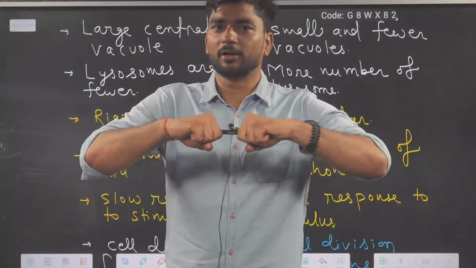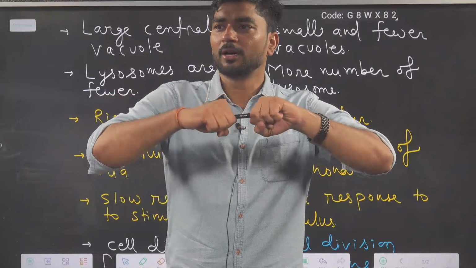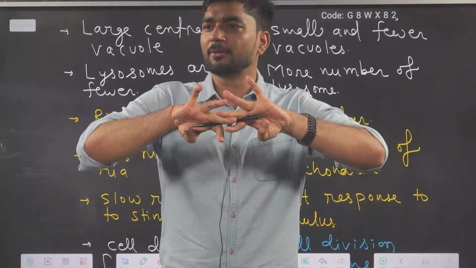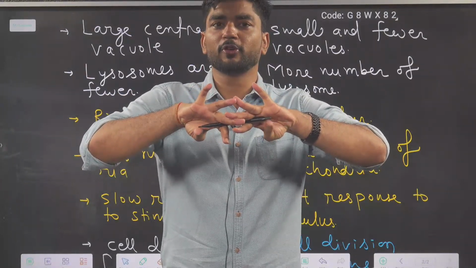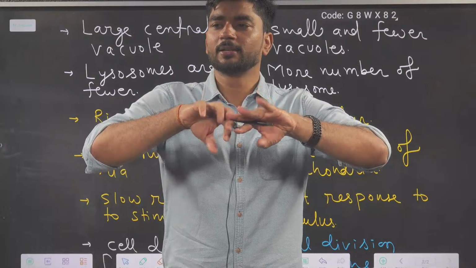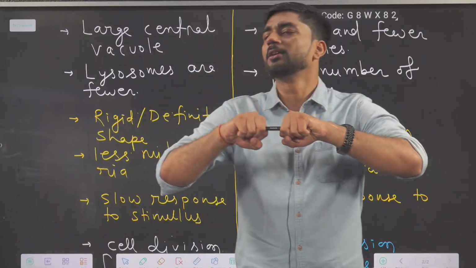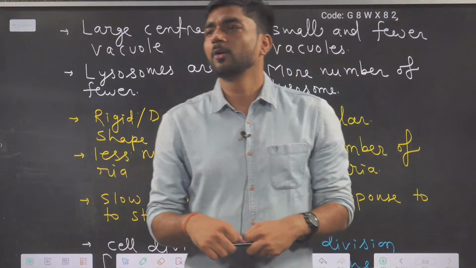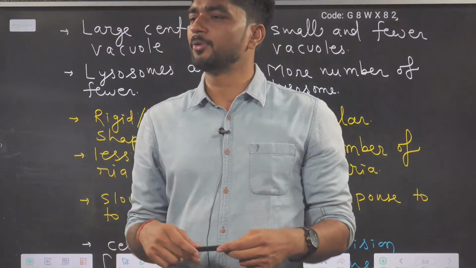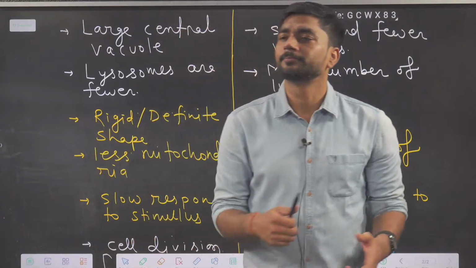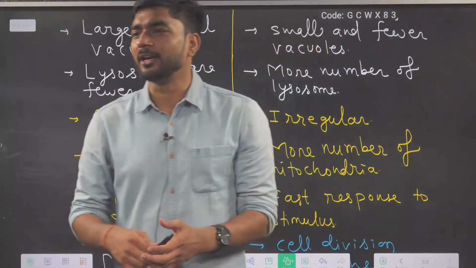This is nothing but the plasmodesmata. With the help of plasmodesmata, things are moving from this place to this place. So this is the main cytoplasmic connection. Okay, so did you get my point? What is the usage of plasmodesmata? Okay, so now we'll move to the next.